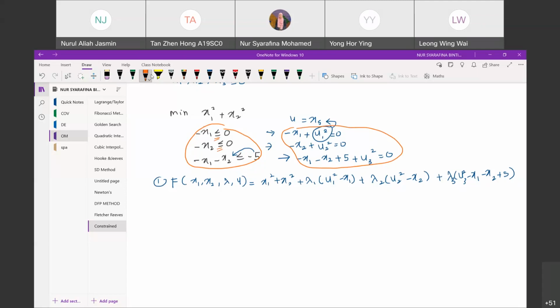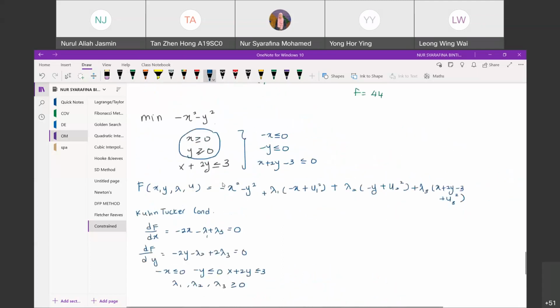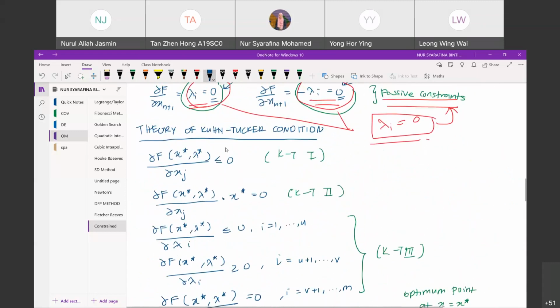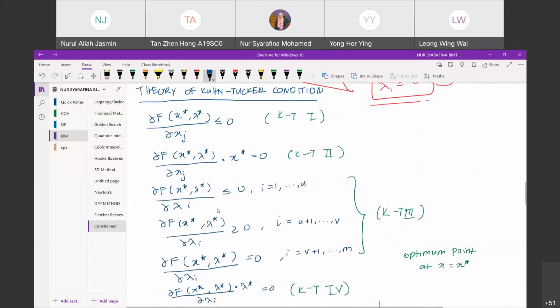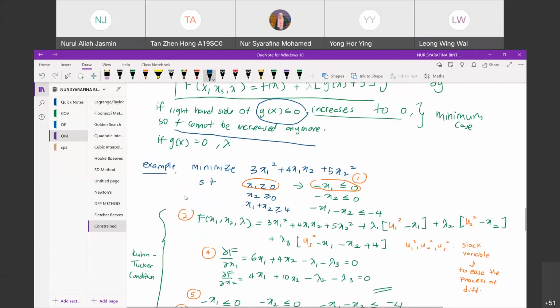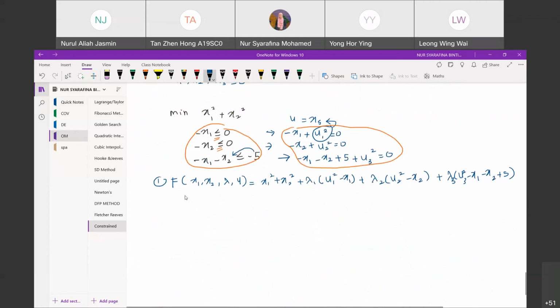If it is less than or equal to, then we just add another slack. So now this is F, your Lagrange. And theoretically, this is the Kuhn-Tucker condition. So how is the Kuhn-Tucker condition represented in a numerical example?